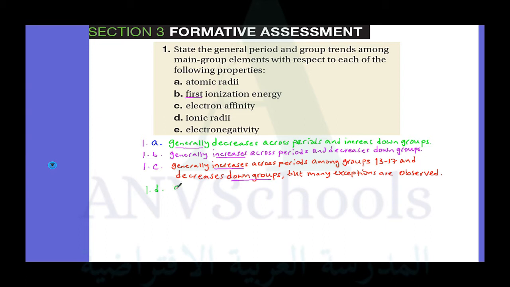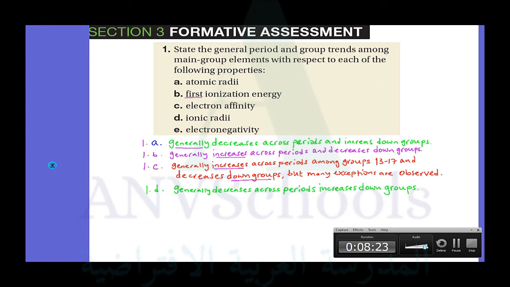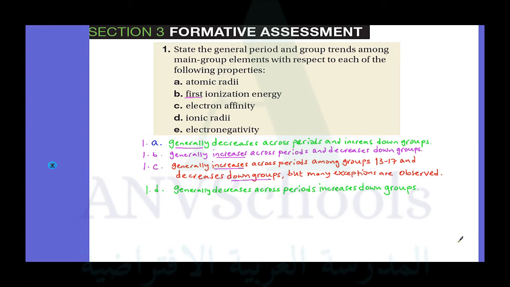Generally, ionic radius decreases across periods and increases down groups.